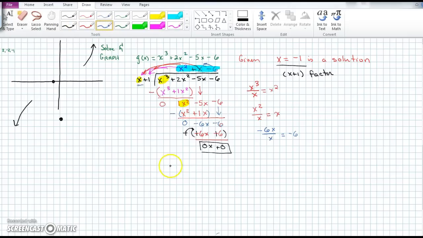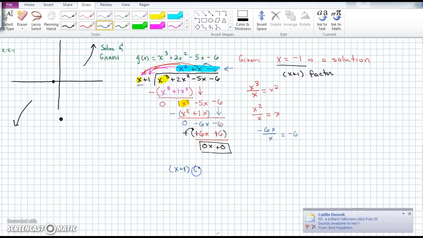So that means my factors are x plus 1 times what was left up here above the division bar, x squared plus x minus 6.